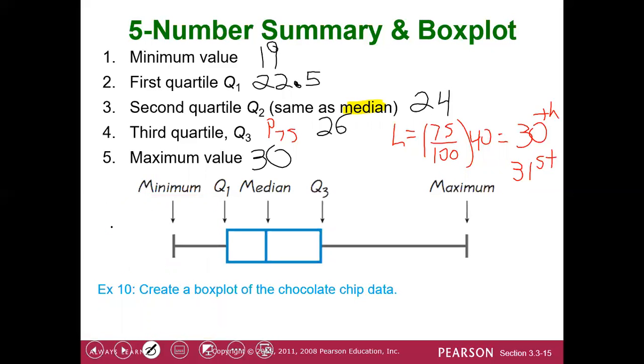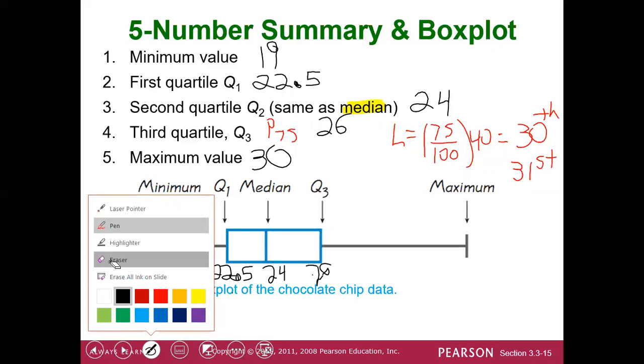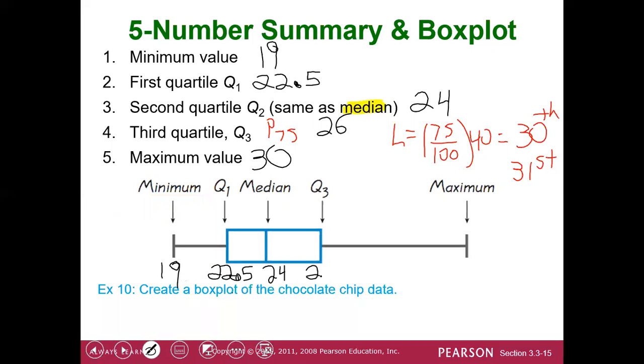So to make a quick box plot of this, my minimum value is 19, 22.5 for the quartile 1, 24 for the median, 26. And then my max was 30. And that does it for Unit 1.